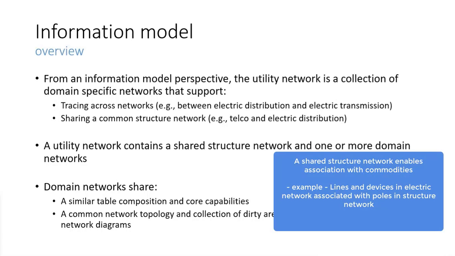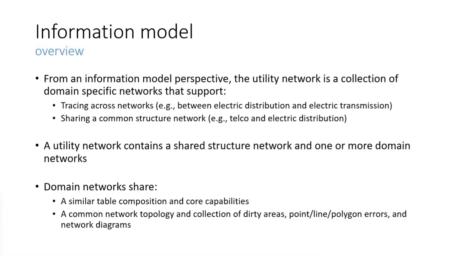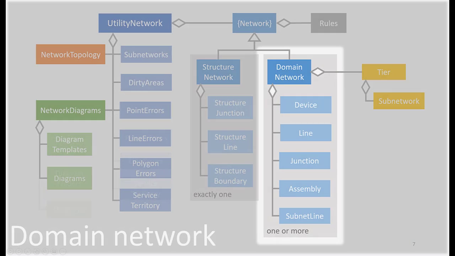So for example, wires are structurally associated with poles. That's an important concept in the utility network configuration. So there is a shared structure network that supports the one or more domain or commodity networks.